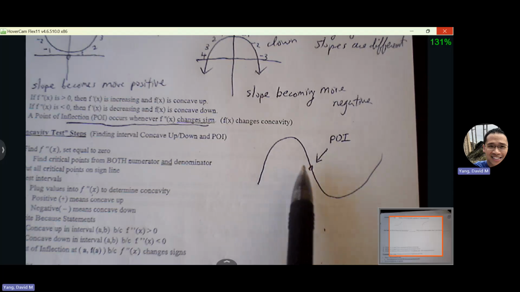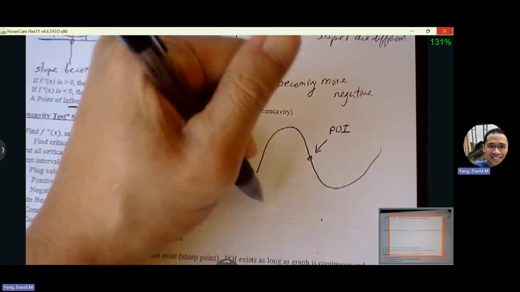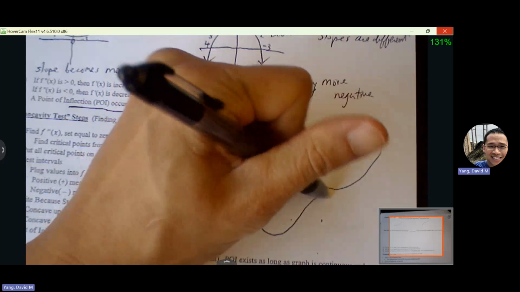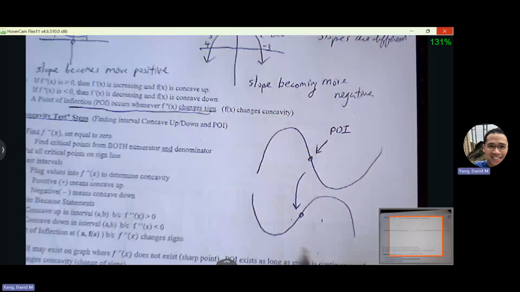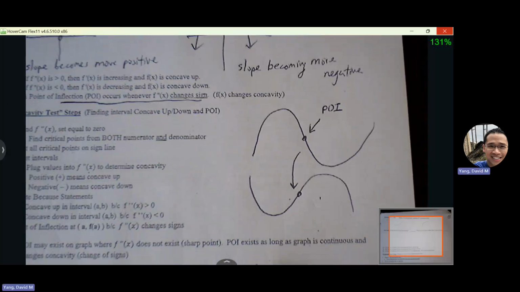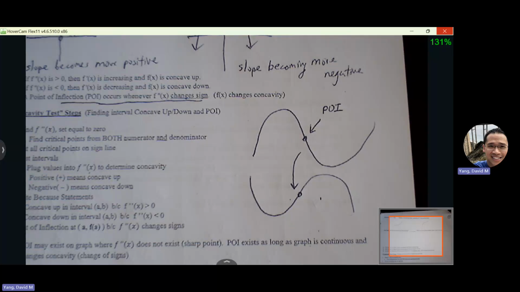You can go from concave down to concave up, but it also works if we're going from concave up to concave down. So it's that point, that interchange between the two curvatures, when the curvature changes.